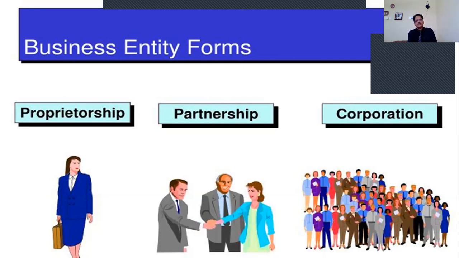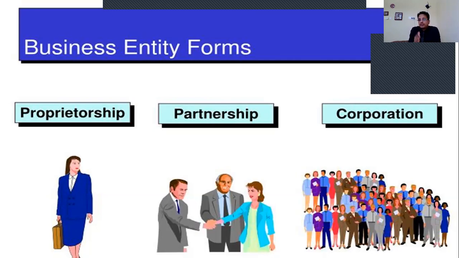So there is a possibility of instability. Another, most important, as I told you, is joint and several liability. Now you understood there are so many advantages and disadvantages, merits and demerits. You have to consider both.